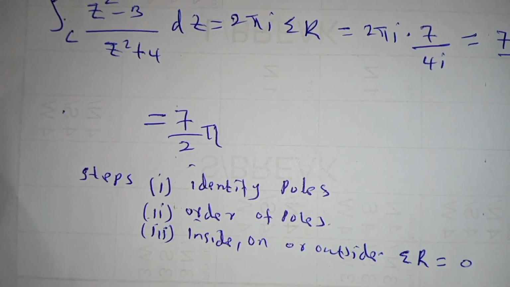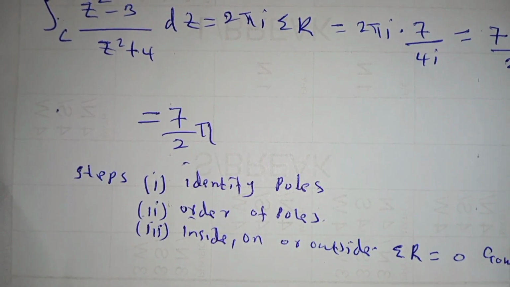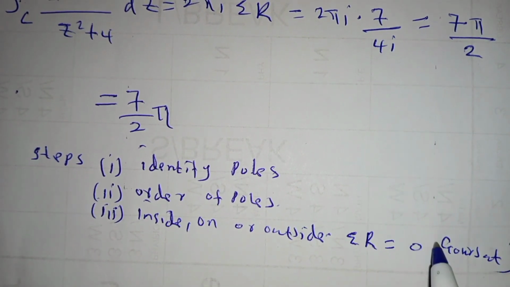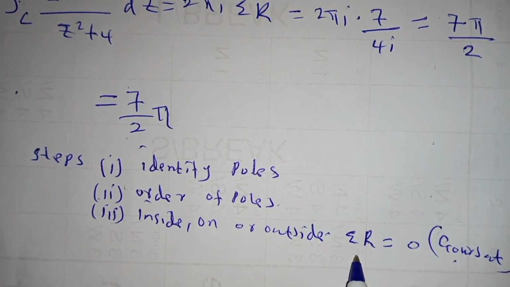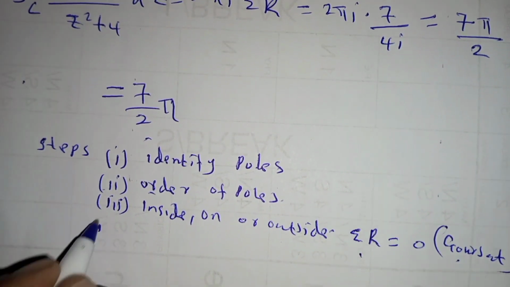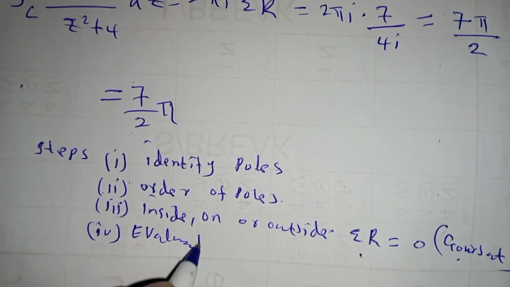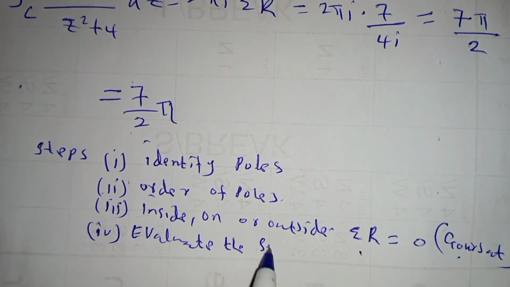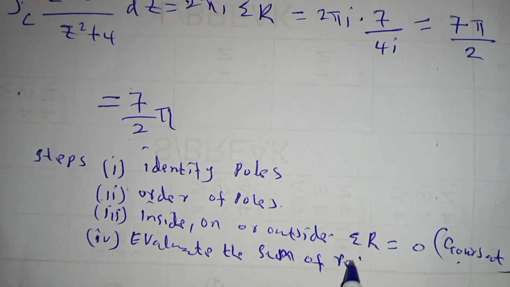Then the integral over the boundary will be equal to 0 for poles outside. This is by Gauss's theorem: the sum of the poles outside the circle will be equal to 0. Then now you evaluate the sum of residues.